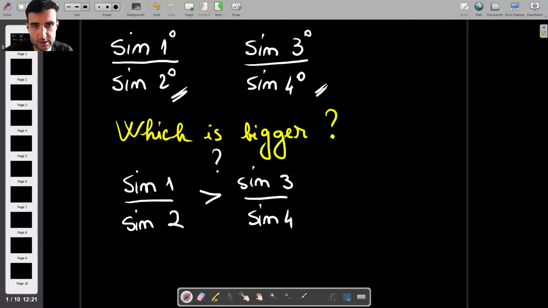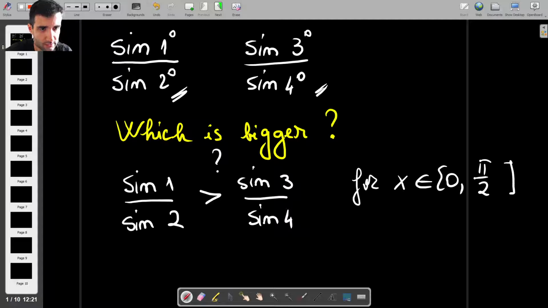And what I will do from here is I'll use the fact that for x between, let's say, 0 and pi over 2, sine of x is positive, or at least greater than 0. The reason I'm using that is because I want to cross multiply to get rid of the fractions, basically.